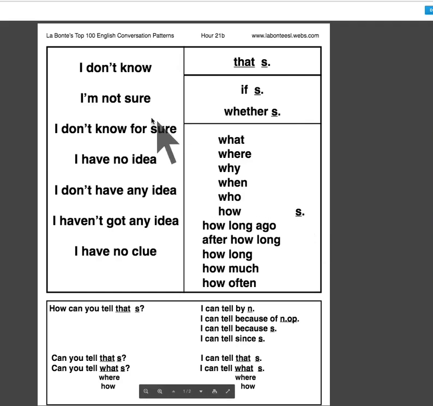Oh, I see here that I have duplicated. Oh no, I have no idea and I have no clue. Yeah, they're a little different. So that's one thing.